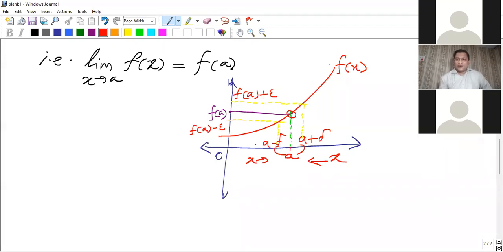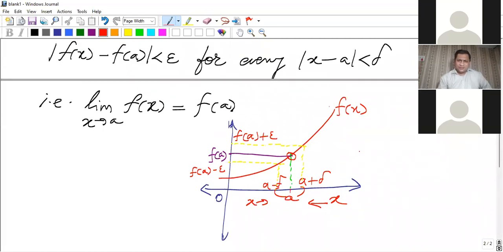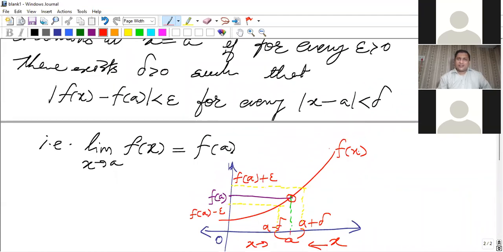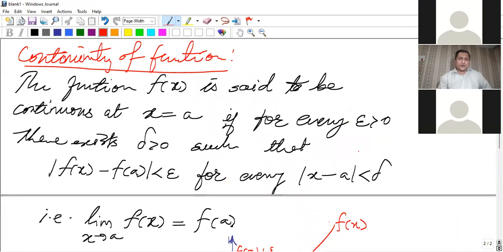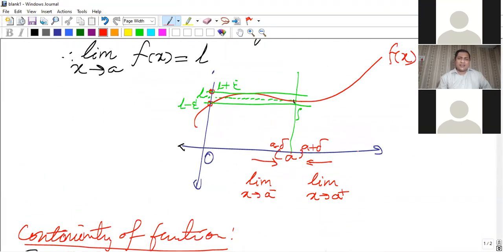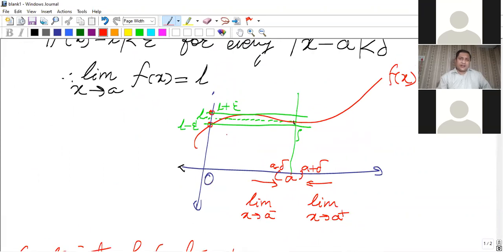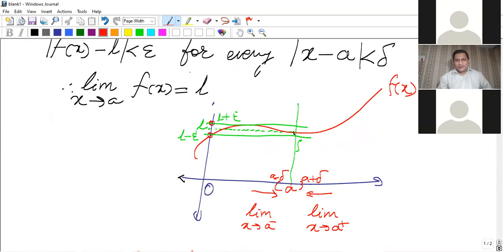Any doubt? Sir, can you please explain the difference between continuity and limit again? Yes, very good. So what is the limit? In the limit, we are having a constant value. We are getting a value L, right?